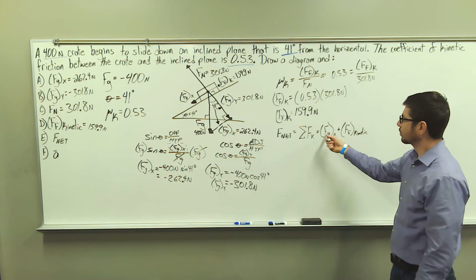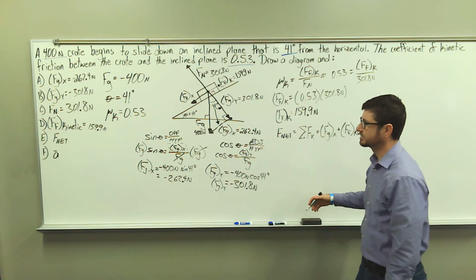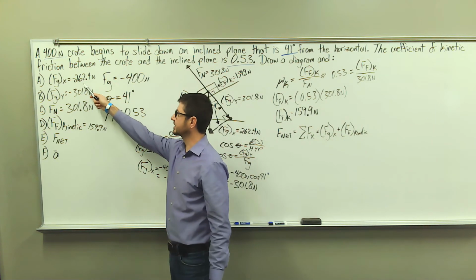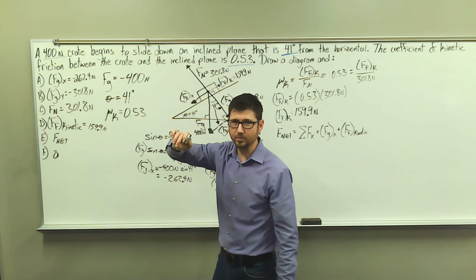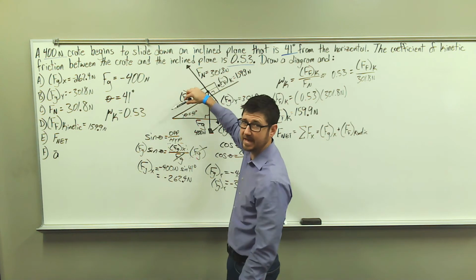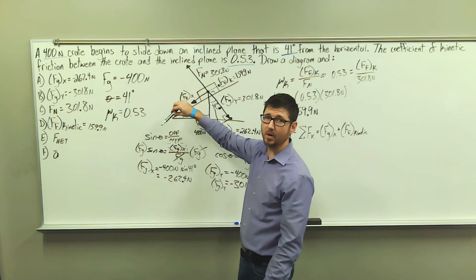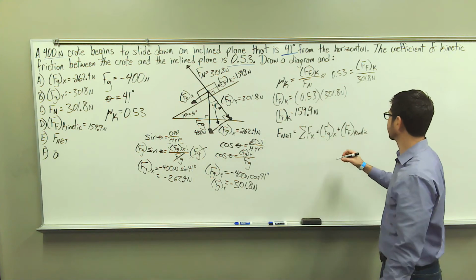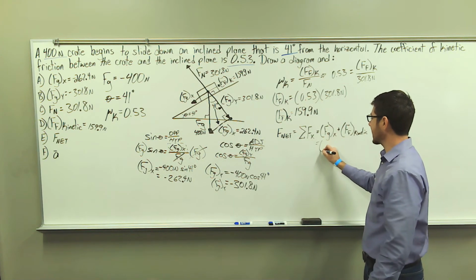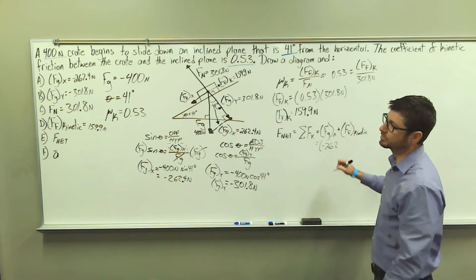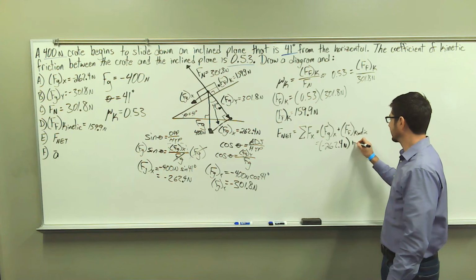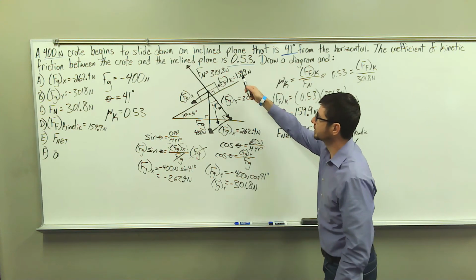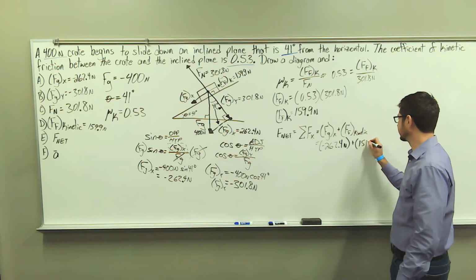Okay? Weight force in the x direction, right over here, we've calculated this, negative 262.4. Remember, the reason it's negative is because the vector is pointing down the ramp. So we have negative 262.4 newtons plus 159.9.